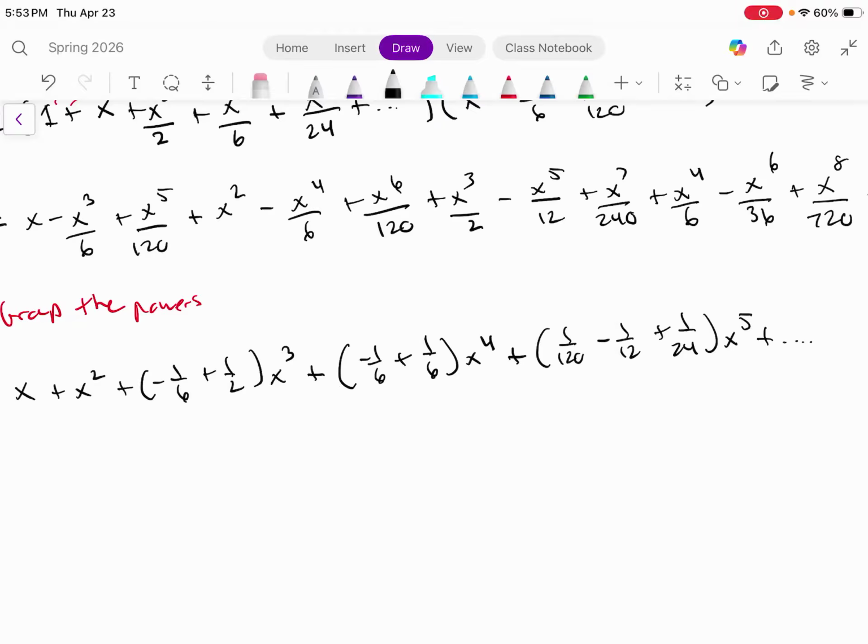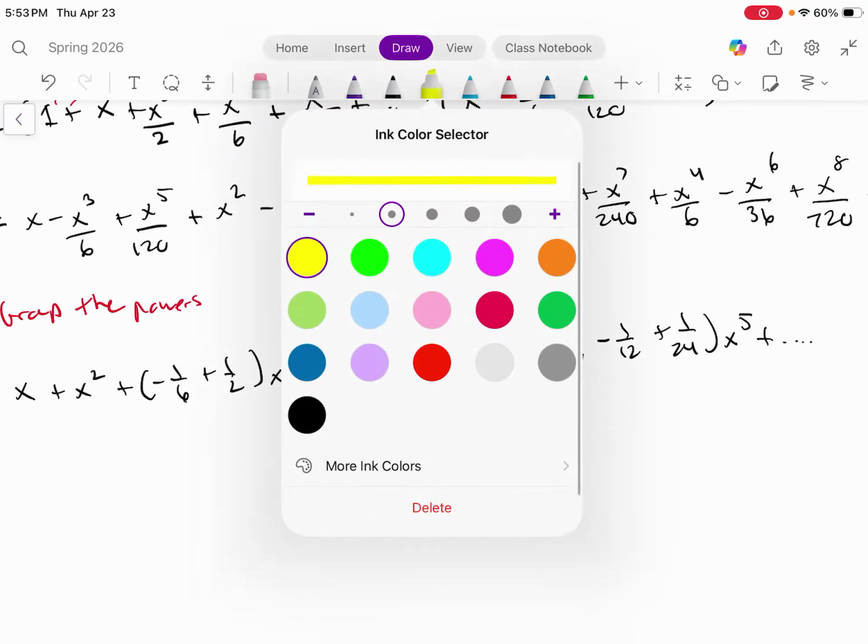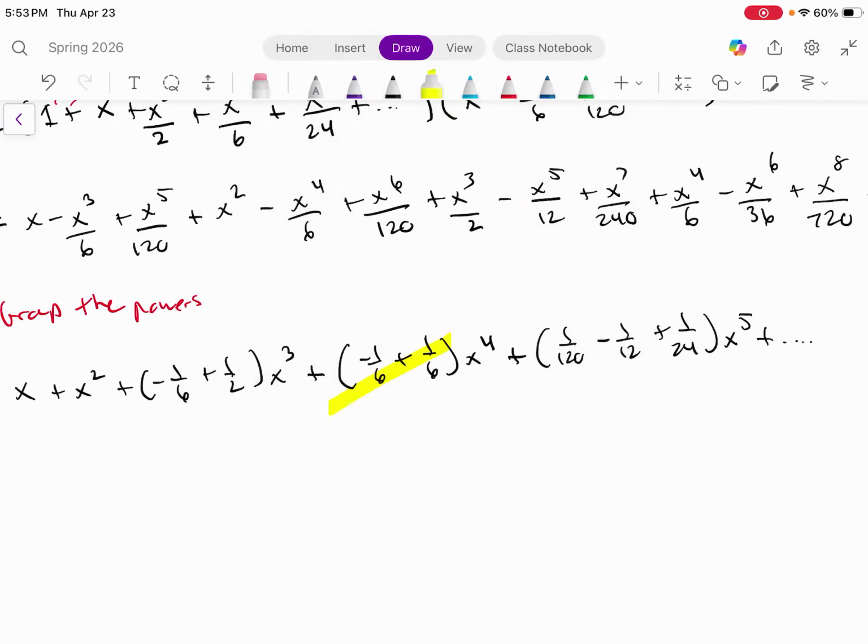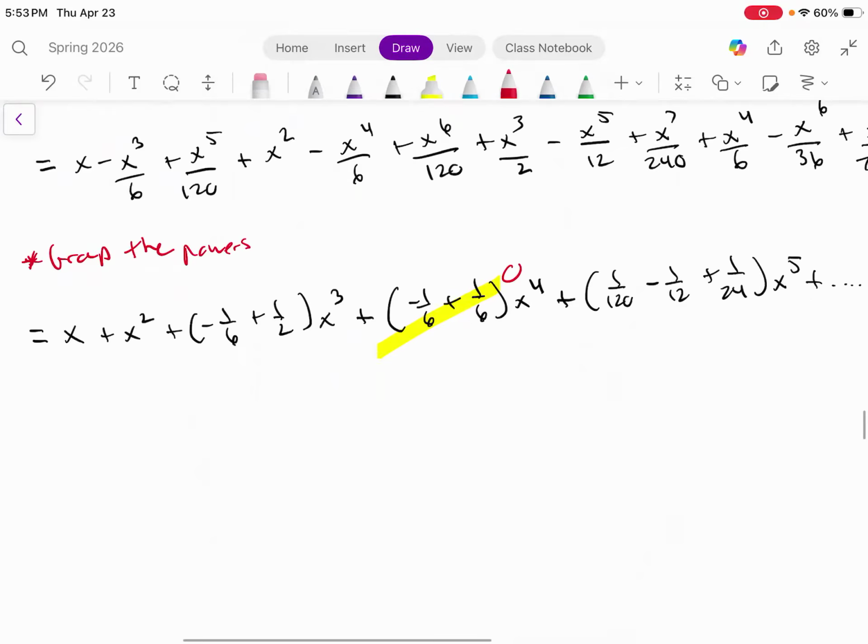We can combine these constants. We can even see that the x to the fourth term cancels out, goes to 0. So what we're left with is x plus x squared plus x cubed over 3, because negative 1/6 plus 1/2 is 1/3.